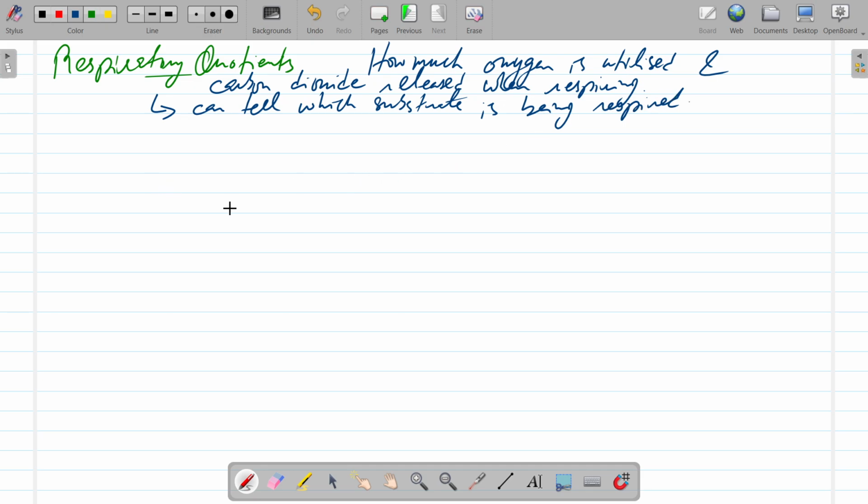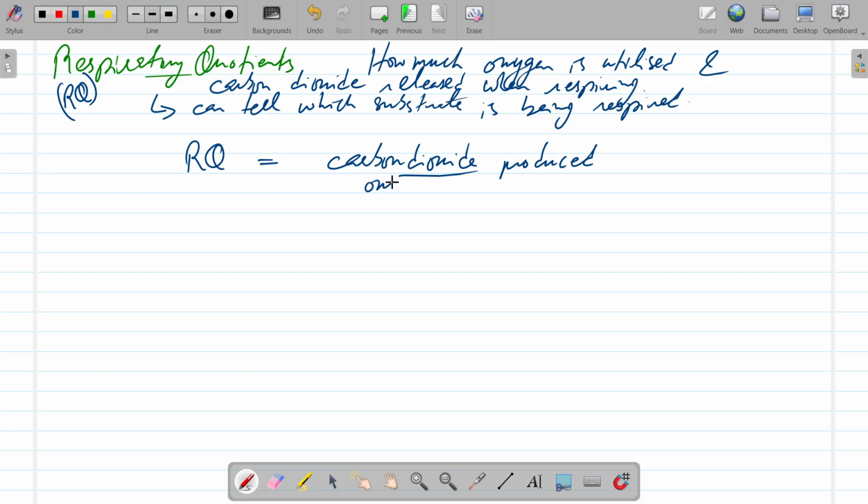And there's a formula for this, which is pretty simple. So the respiratory quotient is also given as RQ. So you can write that: RQ equals carbon dioxide produced over oxygen used.